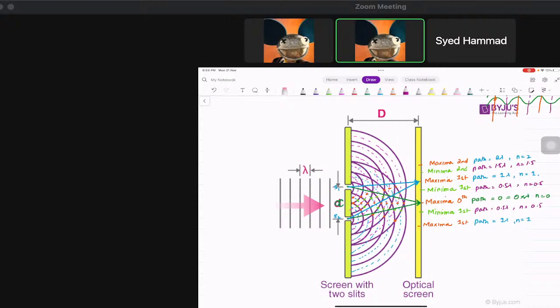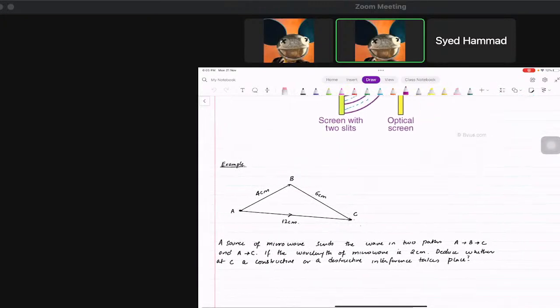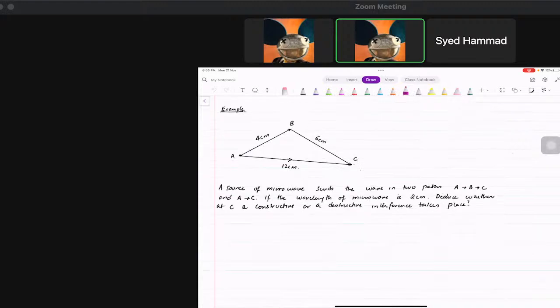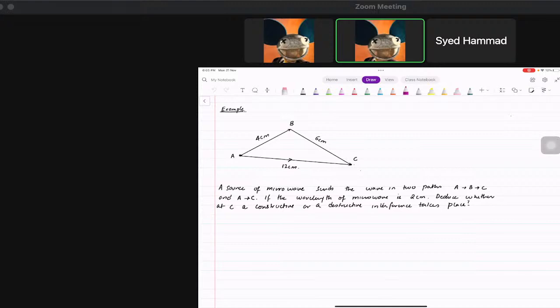The question says that a source of microwave sends waves in two paths, ABC and AC, as you can see. If the wavelength of the microwave is 2 centimeter, deduce whether at C a constructive or a destructive interference has happened.